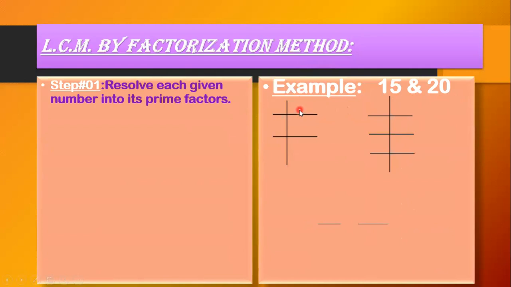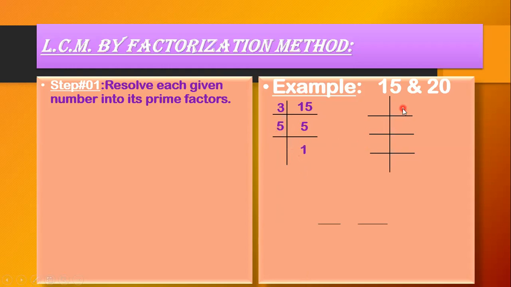Okay, so take first 15 here. Which number is suitable for 15? 3. Okay, so 3 times 5 is 15 and 5 one time 5.